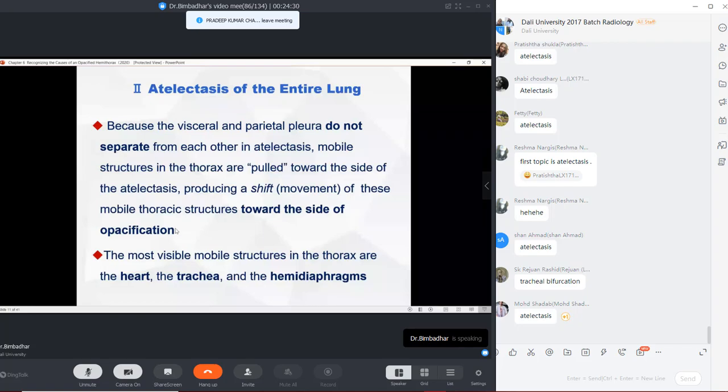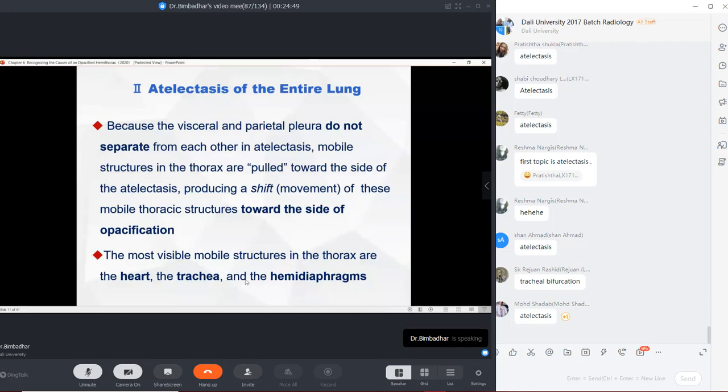Wherever the bronchus is obstructed, the complete lung will be pulled down to that side itself. So single-side obstruction causes ipsilateral opacification. That is the first thing you have to remember.